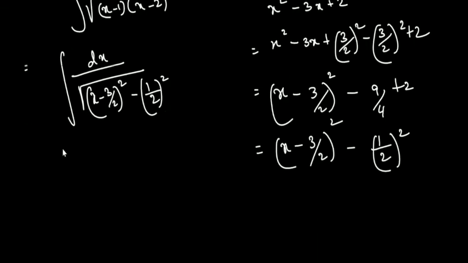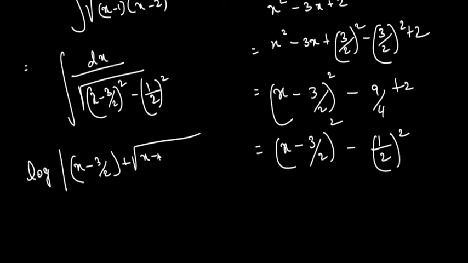So this is the formula, root of x square minus a square. This is log of x minus 3 by 2, okay, log of x plus root of x minus 3 by 2 the whole square minus 1 by 2 the whole square plus c.